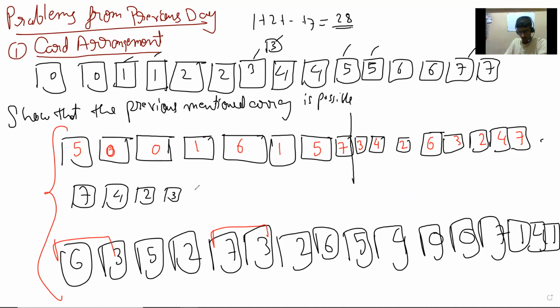This will also be a legal arrangement, right? Or will it not? 4, right? 3, no, I missed something. 7, 4, 2, 3, 6, 2, 4, 3.